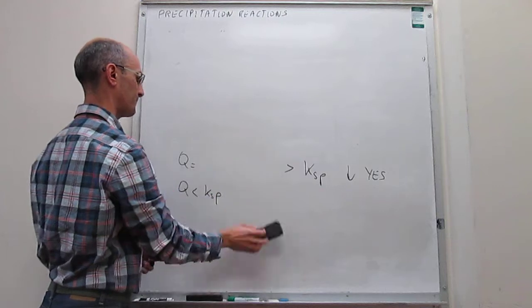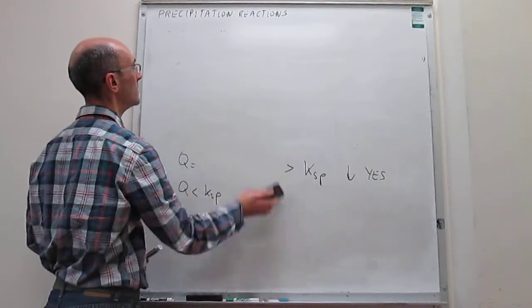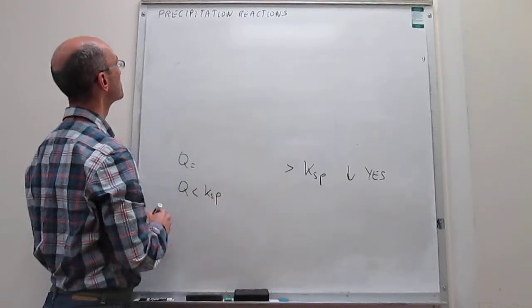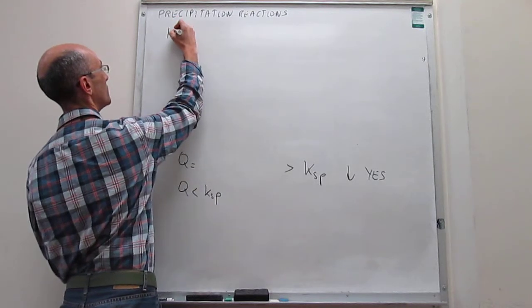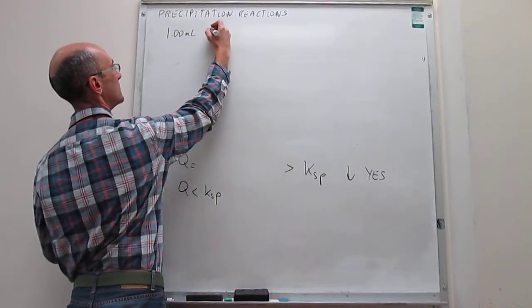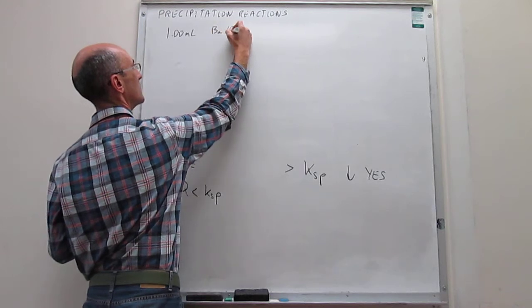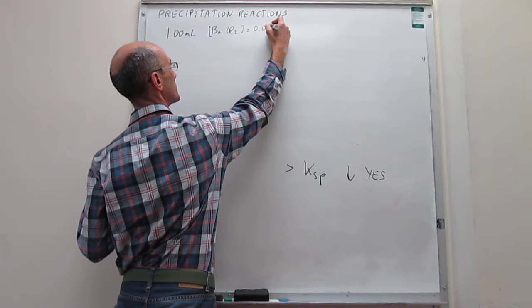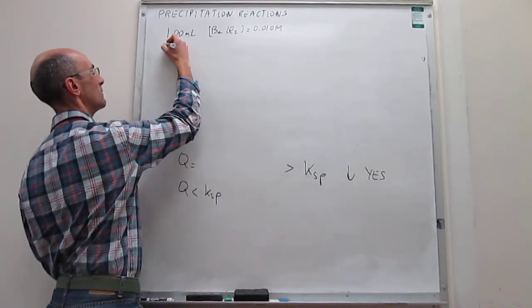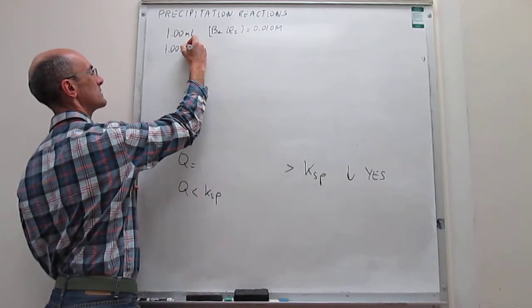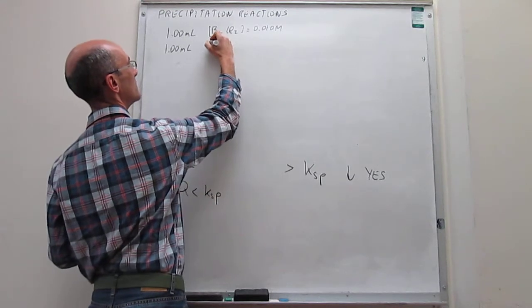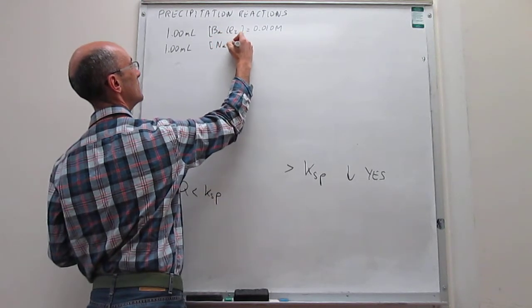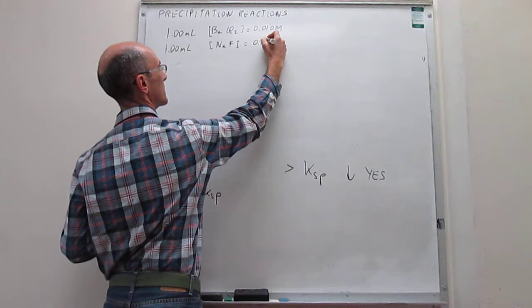So let's do here barium chloride. Here we're going to be mixing 1.00 mL of barium chloride, and the concentration of this barium chloride is 0.010 molar. And we're going to be mixing that with 1.00 mL of sodium fluoride with the same concentration.